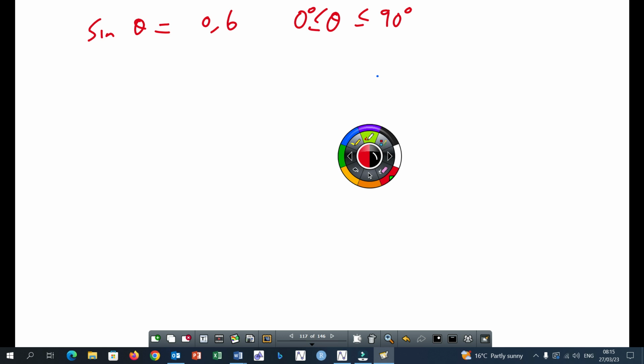So in grade 10, the reason why you were given this restriction was mainly because this trigonometric equation has an infinite number of solutions, from minus infinity all the way up to positive infinity. There are so many solutions. If you were asked to find all of them, you could spend years trying. There are so many. Why? Because the sine function, the cosine function, the trig functions, are periodic functions.